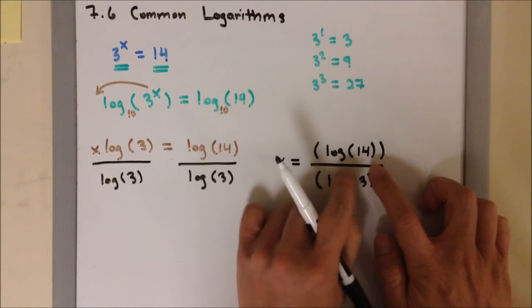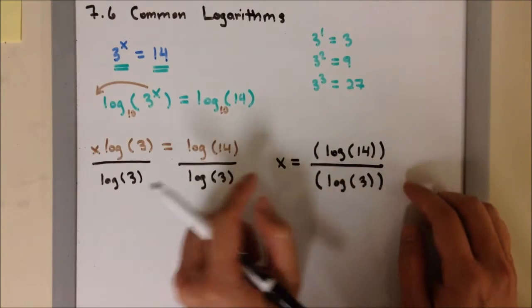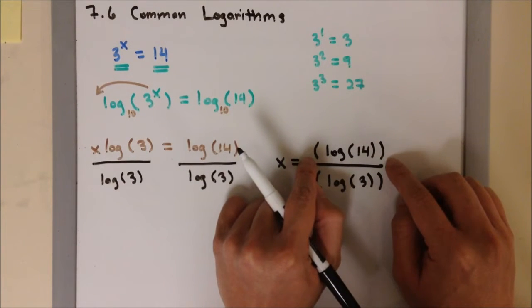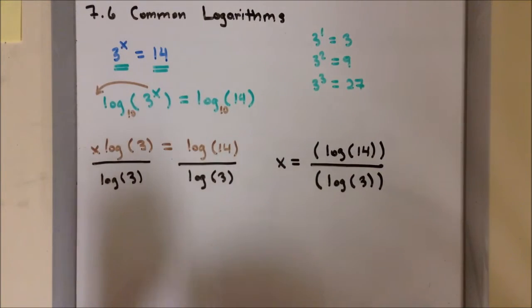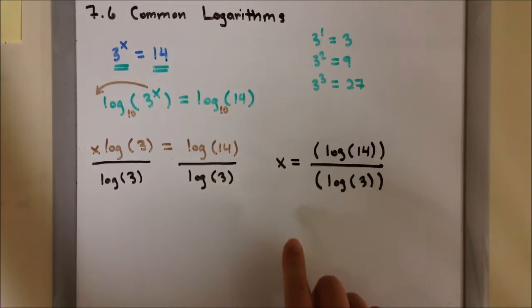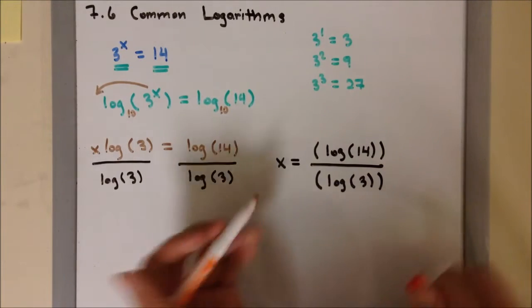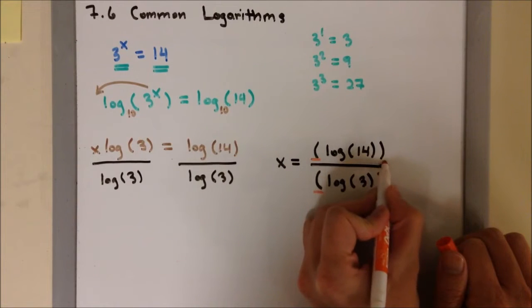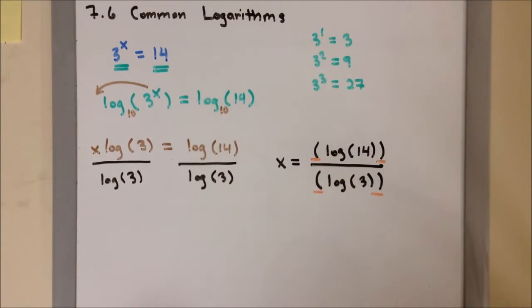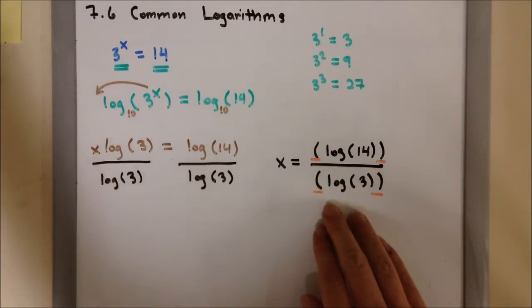So make sure you have an even set amount of parentheses, but I include an extra set of parentheses on the numerator and on the denominator. So what's different is I include a set of parentheses. Let me underline it in orange. So that way, when you type it into the calculator, you get the correct answer.